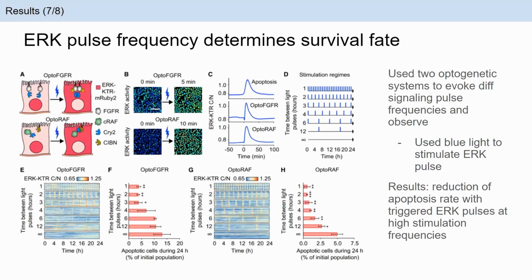Okay, so next they want to check the survival rate as a population. They use an optogenetic system to evoke different signaling pulse frequencies and to observe.